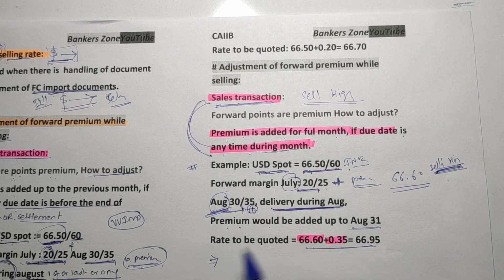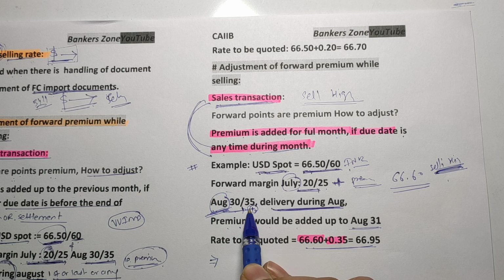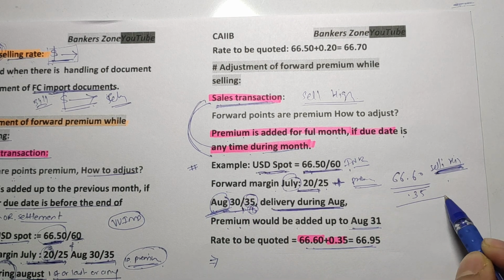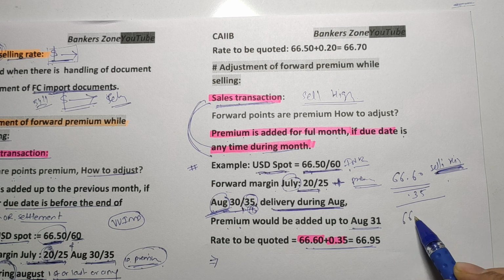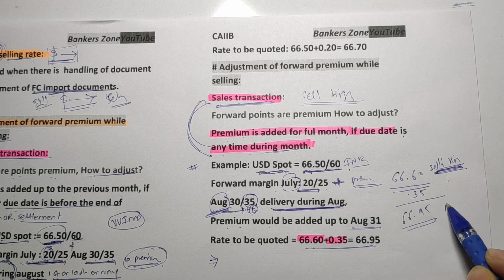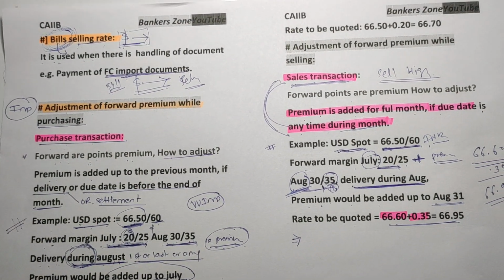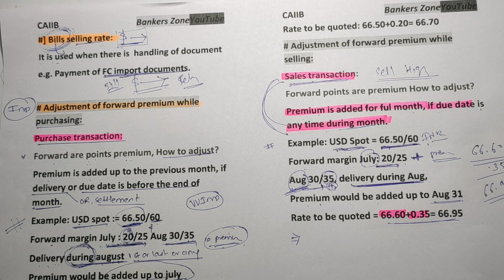So definitely for August we are selling high, the highest value will be 35, so we are adding 0.35 here, so we will get 66.95 as the answer for the quotation. Okay friends, so this is the most important part of all the videos that we have learned.